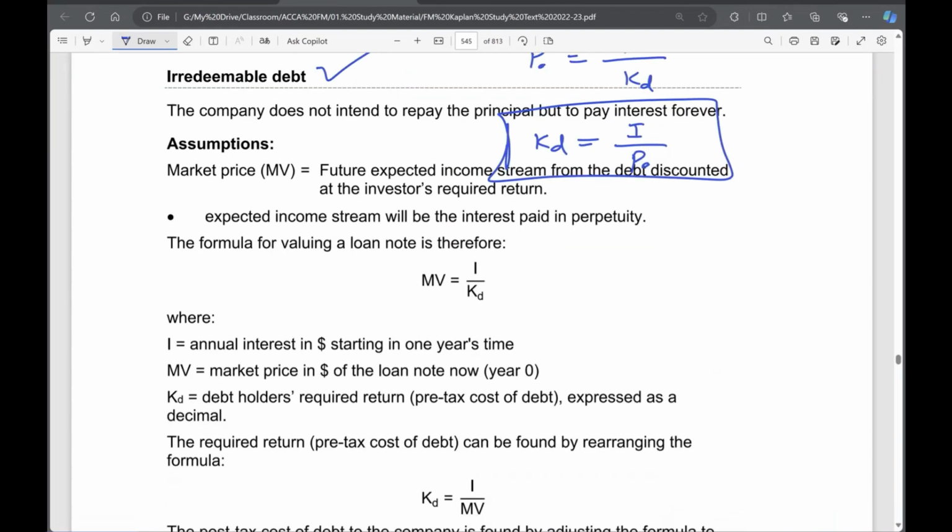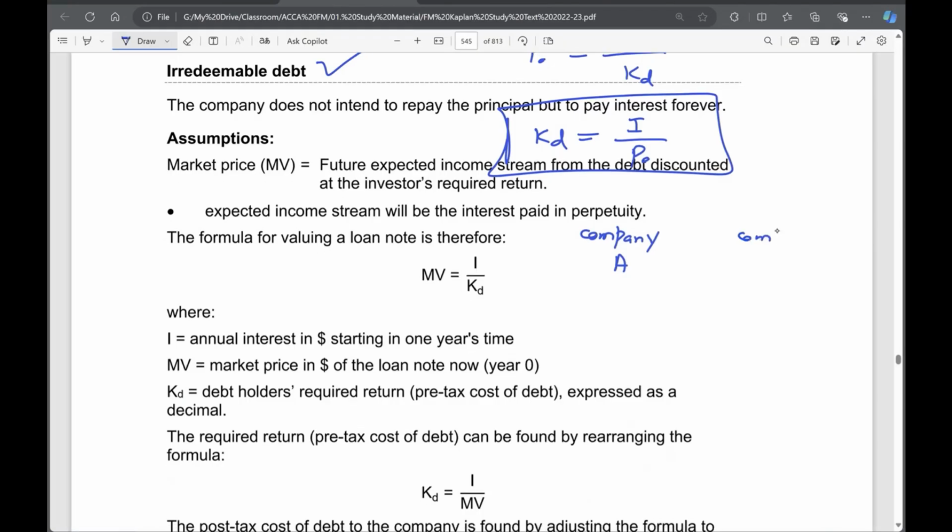Let's say we have two companies. One company is company A, and the other company is company B. The profit before interest and tax, PBIT, or operating profit, is the same, let's say 10,000, and it's also 10,000.